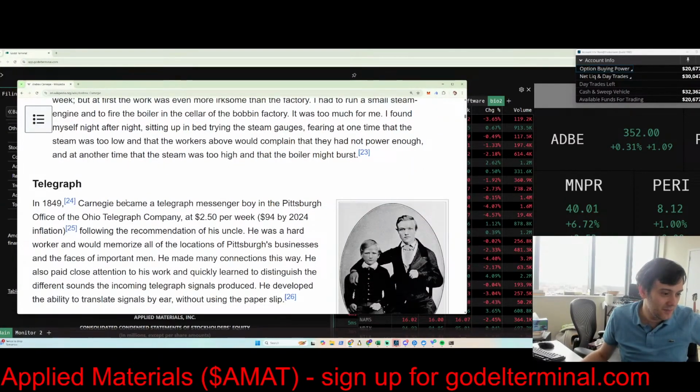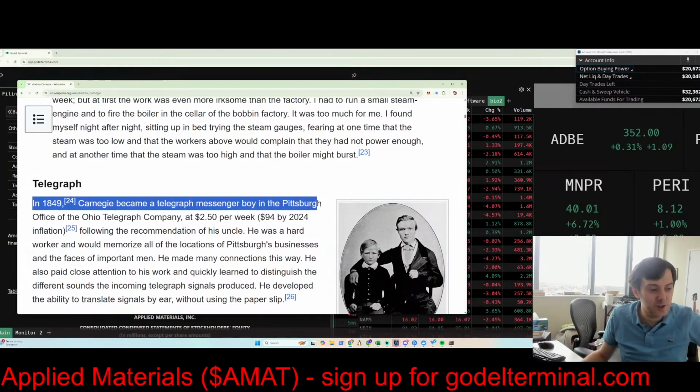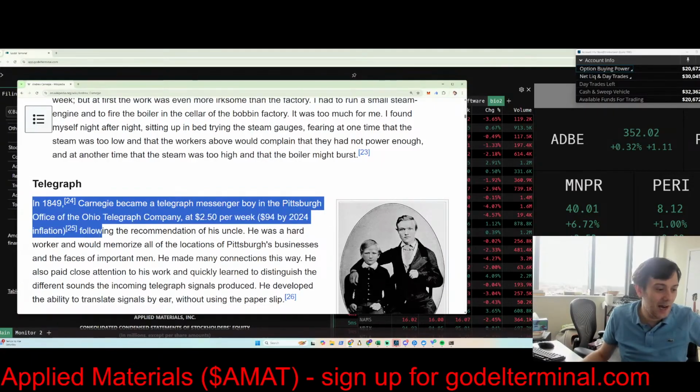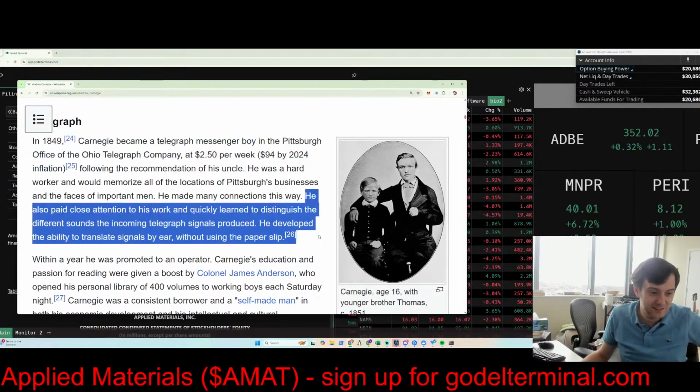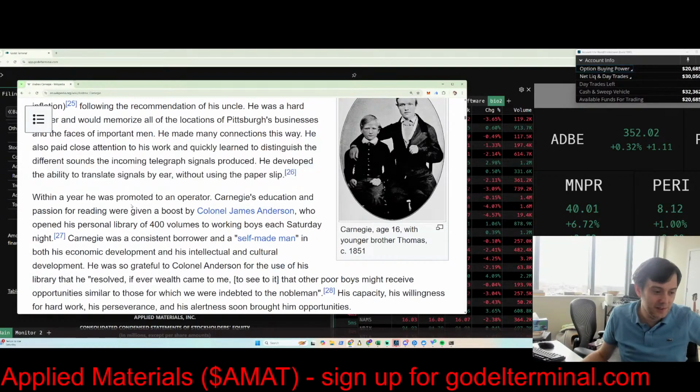In 1849, Carnegie became a telegraph messenger boy in the Ohio Telegraph Company, making $94 a week. And he busted his ass. He was promoted to an operator.